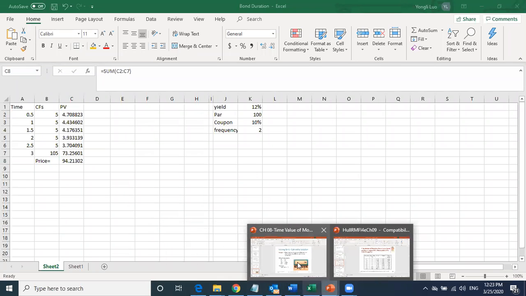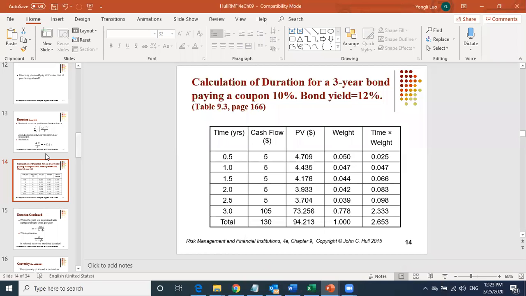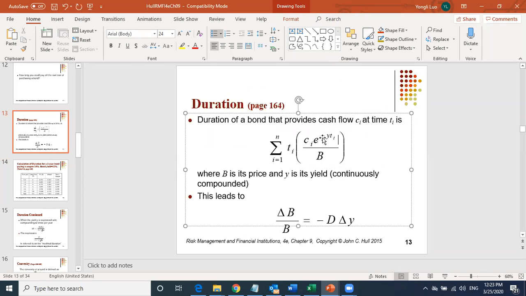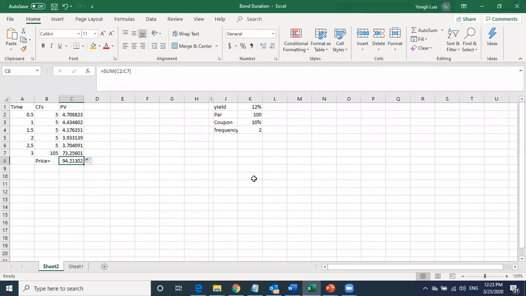So when you go back to check the formula, so you can see, okay, this is the formula. Okay, I will paste it right here.